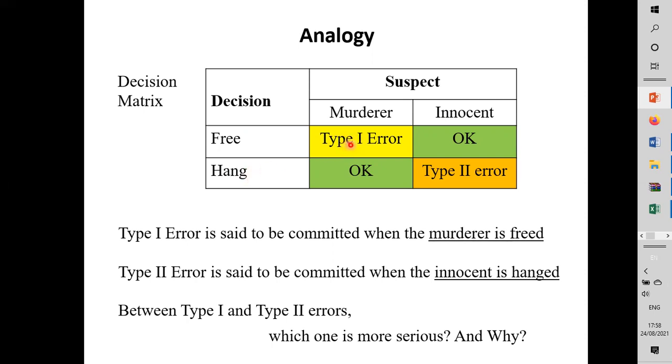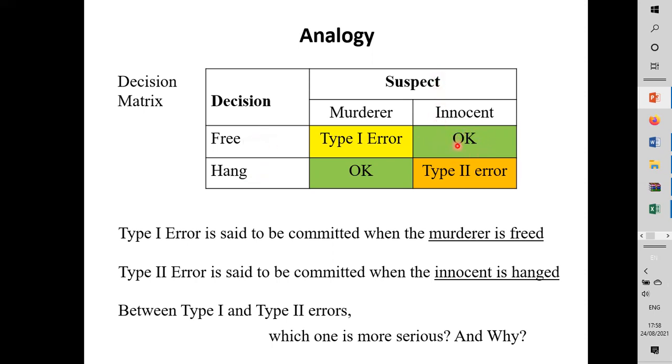So this yellow box, can you describe what's happening here? This yellow box, we call it error. Why do we call it error? The green box, is it okay? What are you doing in this green box? You go this way: free, innocent.